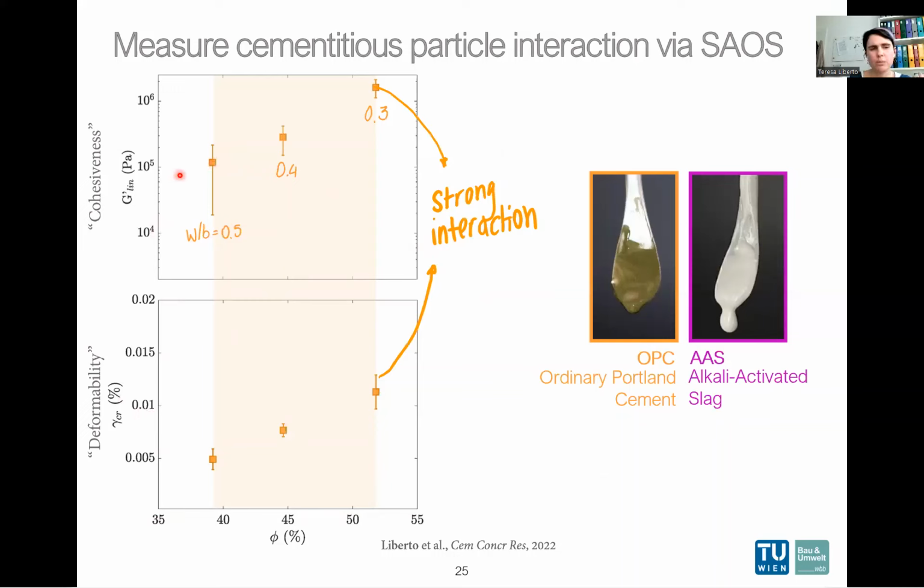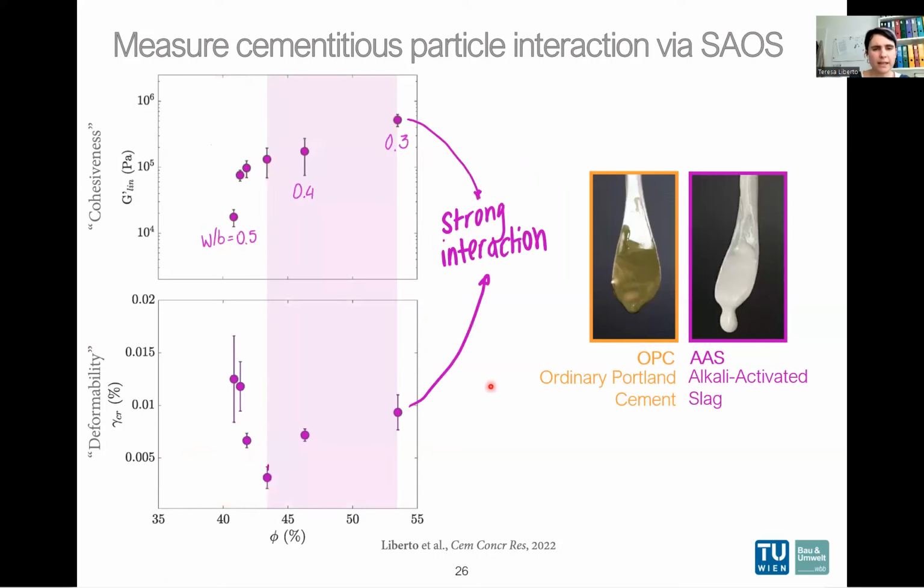When G prime increases with phi and also the critical strain, we can say that we have a strong interaction in the paste. If we see the alkali activated slag in the same water to binder ratio range, we see that the strong interactions start from a certain volume concentration.